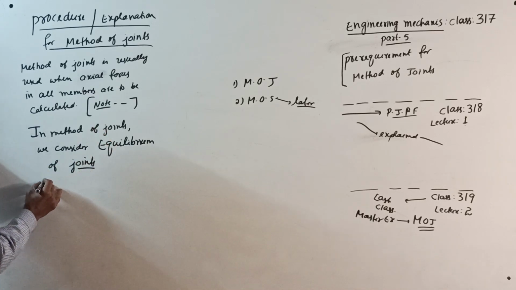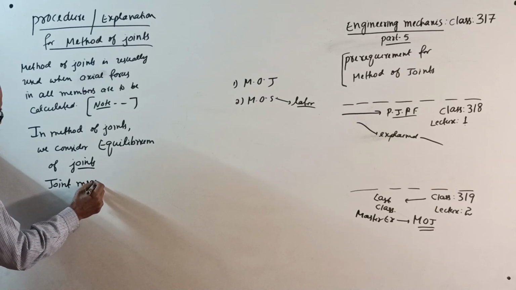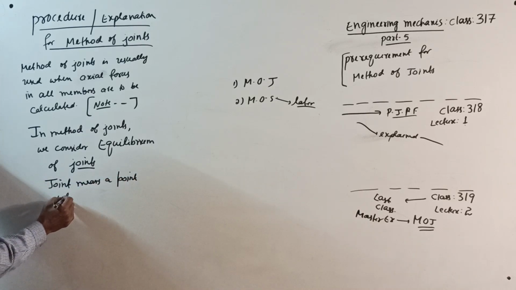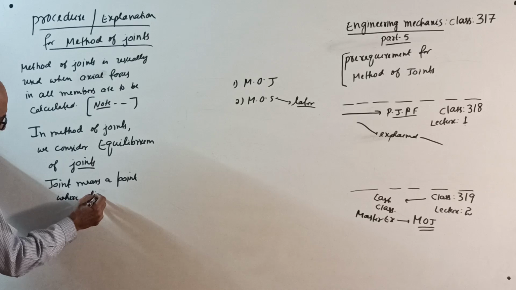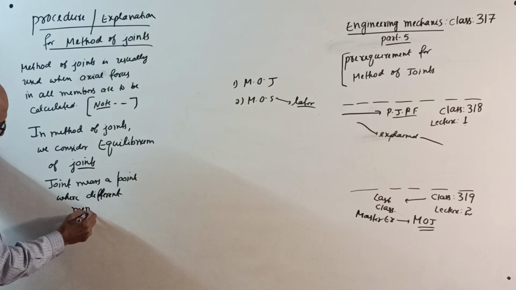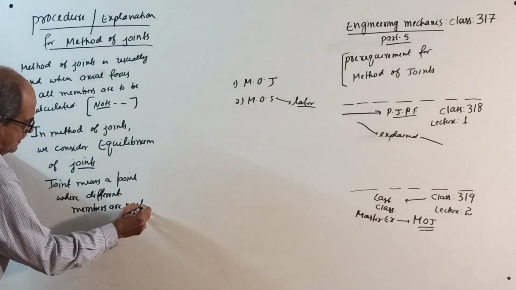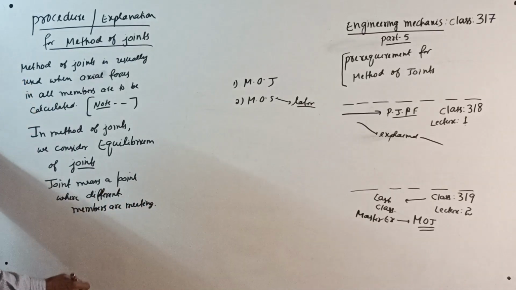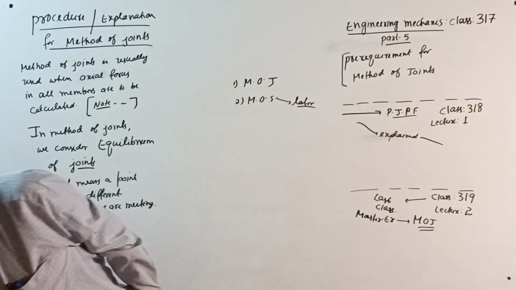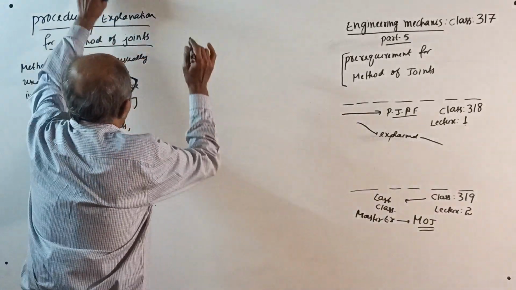The term joint means a point where different members are meeting. This I explained last time. People know all these things; no need of explaining further. They know what a joint is, where different members are meeting.